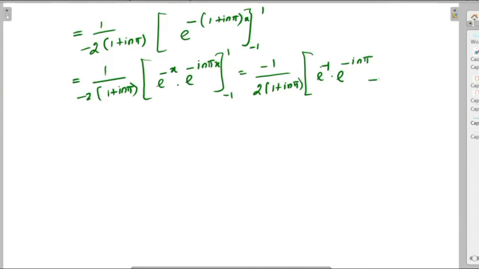After that you have to apply the lower limit also. If you apply x equal to minus 1, you get e power 1 into e power i n pi.